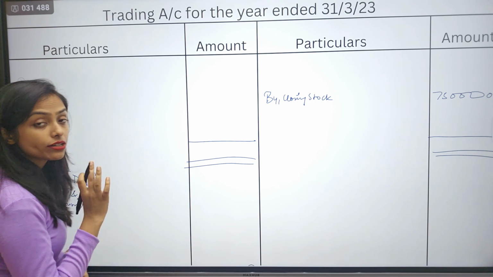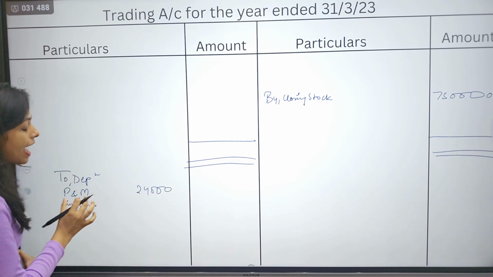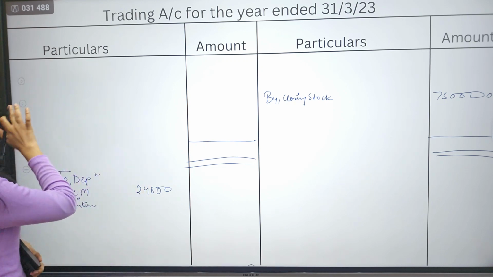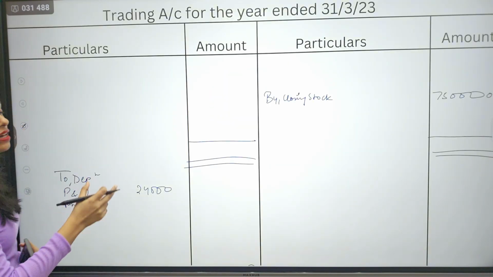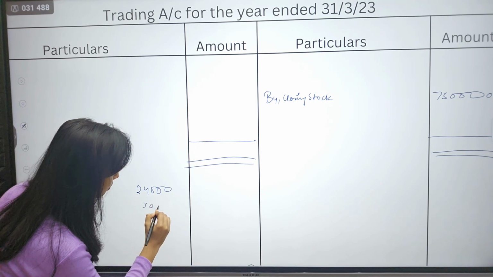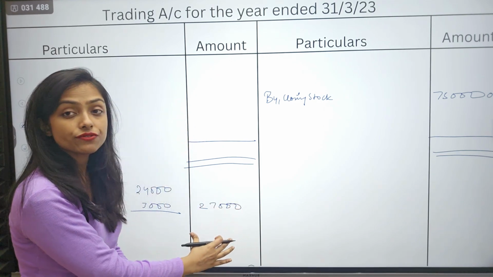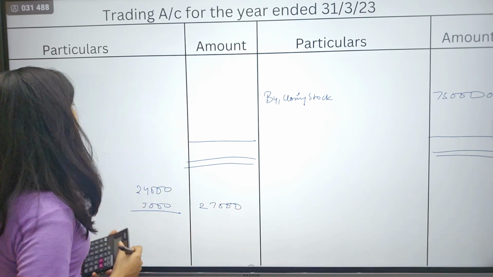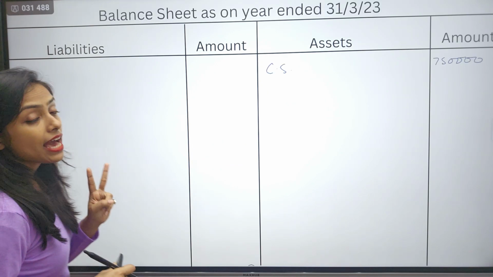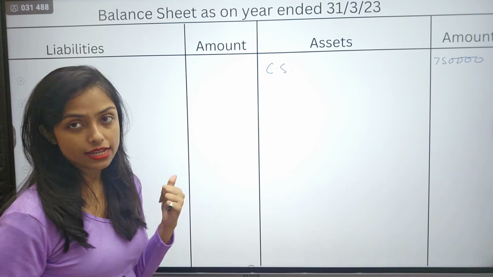On 2,40,000 rupees, 10% will be 24,000 rupees, and furniture was how much? 15,000, I guess. We'll do 20%, so this will become 3,000 rupees. We'll write 3,000 here, total becomes 27,000 rupees of depreciation we have provided in the profit and loss account till now. Now we have to treat this depreciation at 2 places because it was given outside the trial balance.